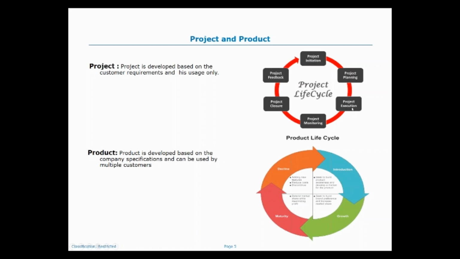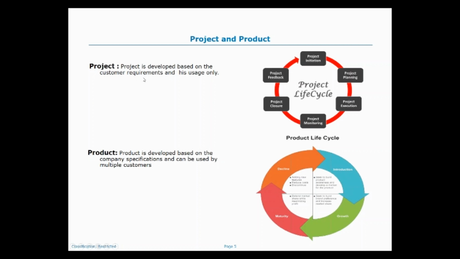Then you will execute as per that plan, and then you start monitoring it, whether it is going as per the plan or there are any deviations which we have to correct during the course. And then the project is closed and you are getting the feedback from the customer. So a project is basically when you are developing for one particular customer.